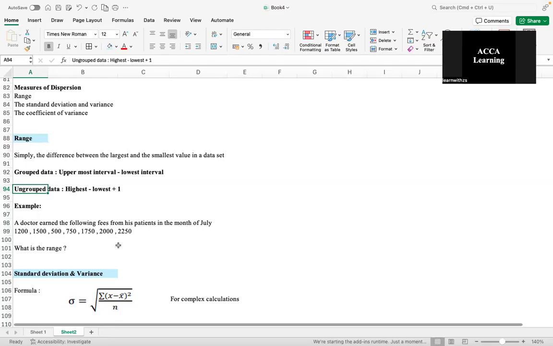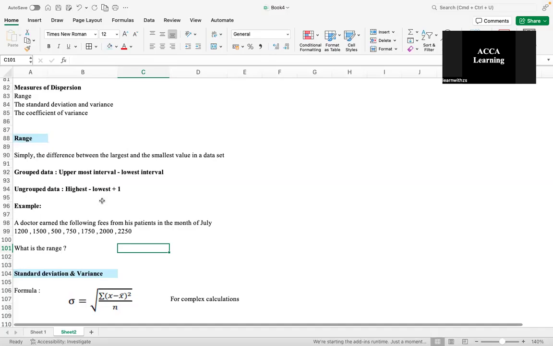So in this case, if you have to find out, if this is your example, a doctor earned the following fees from his patients in the month of July. This is the set. You basically have to find out the range. Now the formula for range is highest minus the lowest plus 1.